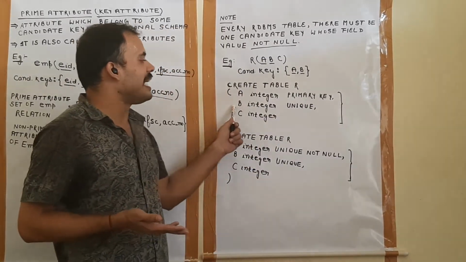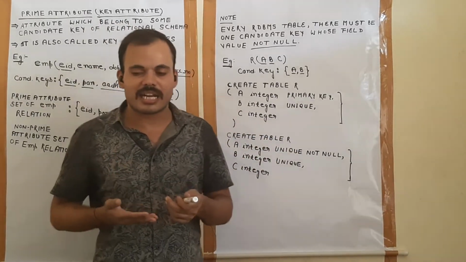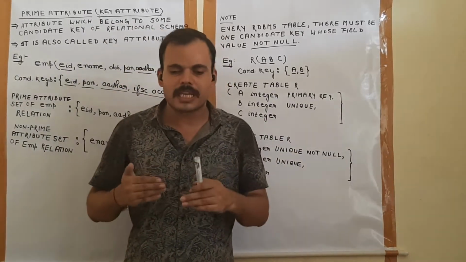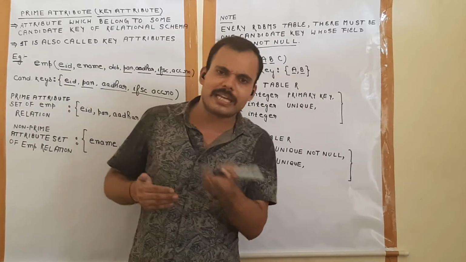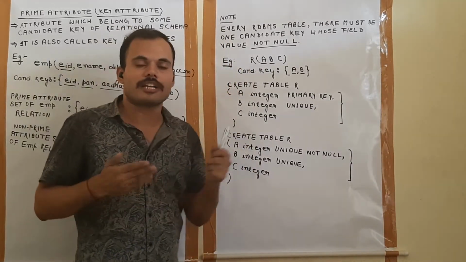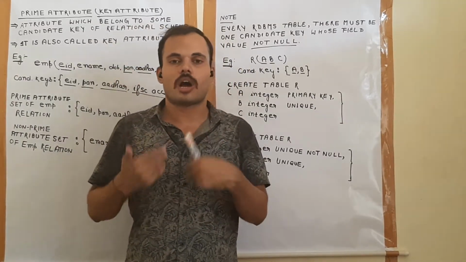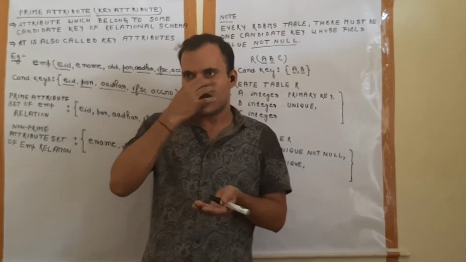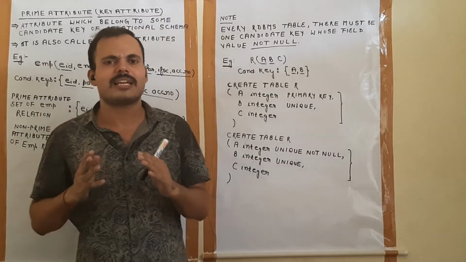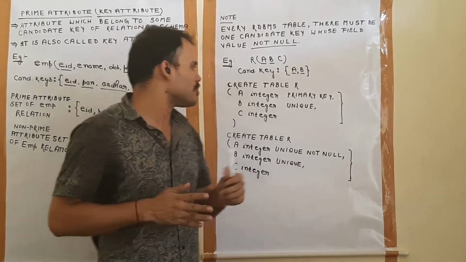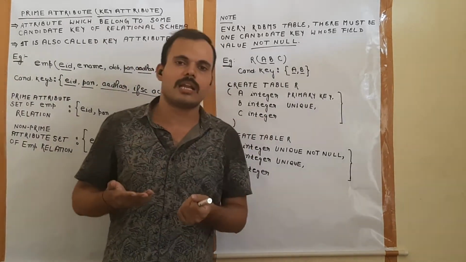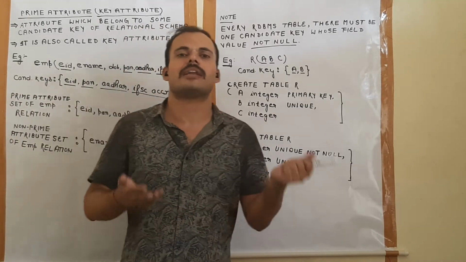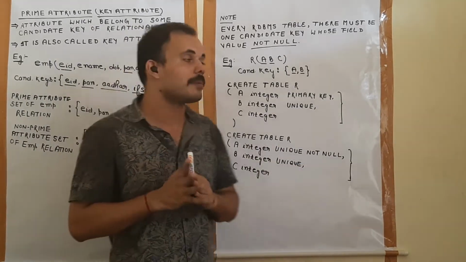Understood? B is unique, means B is alternative key, and alternative key field value can be null, and C is not a candidate key, so it can be null or it cannot be null. It can be anything. B can also be null because it is an alternative key, and nulls are allowed in the alternative key.